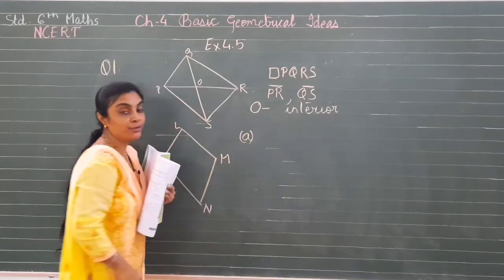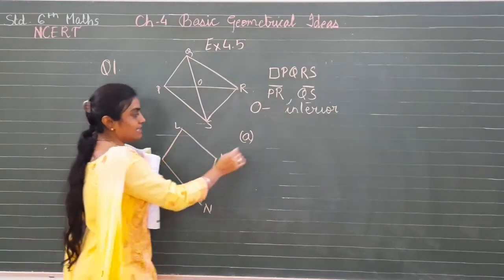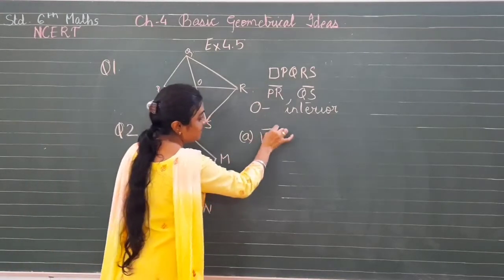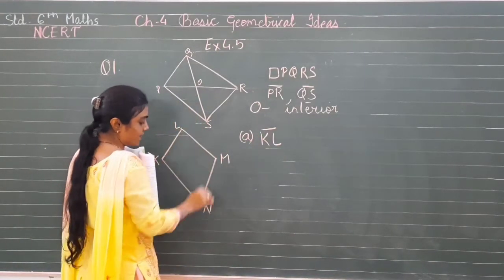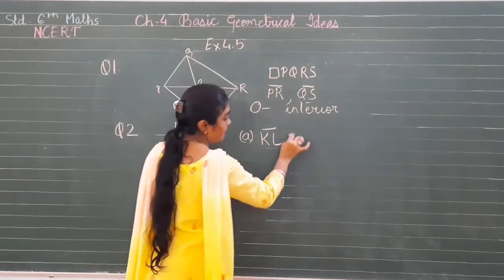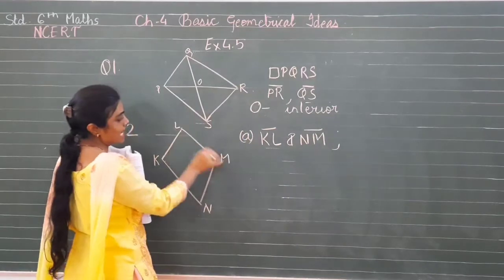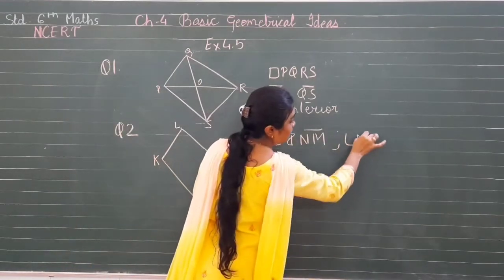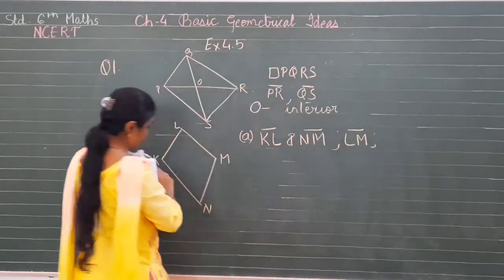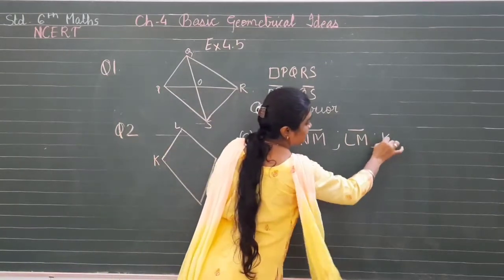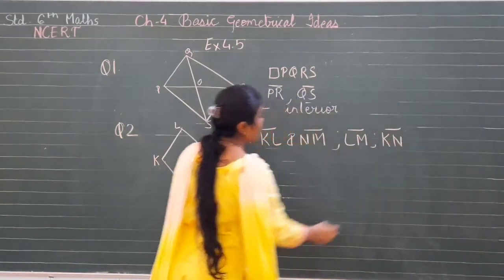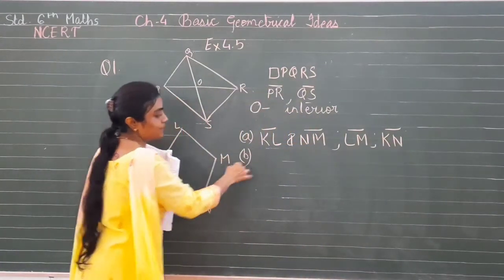Opposite sides we have to write down. So let us take line segment KL. Opposite to KL is line segment NM. And the second pair is line segment LM. Opposite to this is KN. So these are the two pairs of opposite sides.